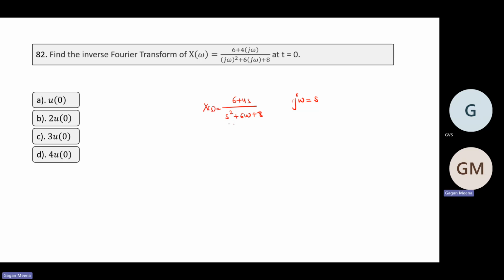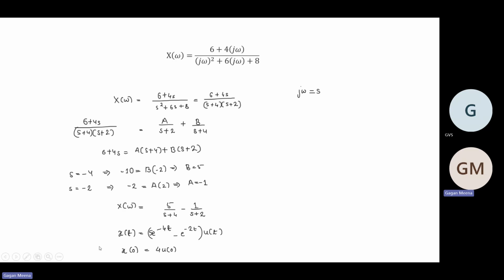We can use partial fractions here and convert it into a by s plus 2 and b by s plus 4, because these are the two roots of this quadratic function. Then take the Laplace inverse, and at t equals 0, this will be 1, this will be 5 minus 1, so 4u0.